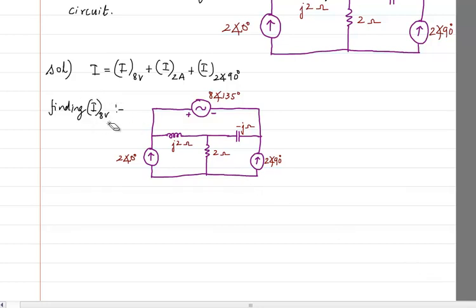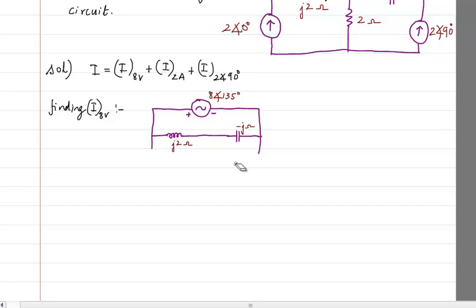Since I am trying to find I because of the 8 volt AC source, I will make this current source 0. When the current source is 0, obviously it becomes an open circuit, so it's as good as not drawing this one. Similarly, it's as good as not drawing this one because there is going to be no current passing through it.